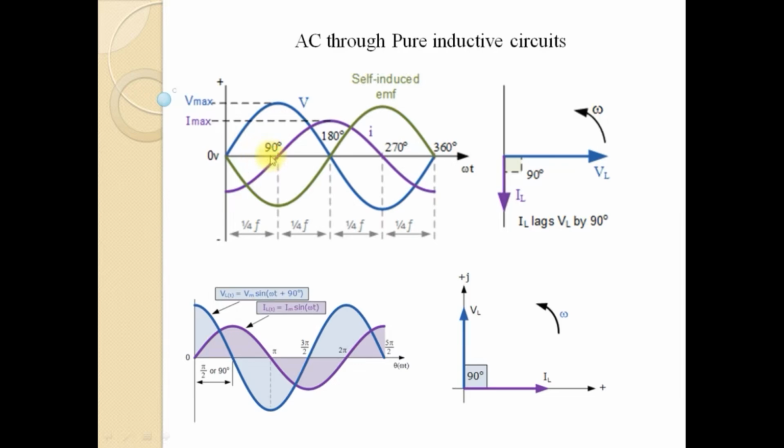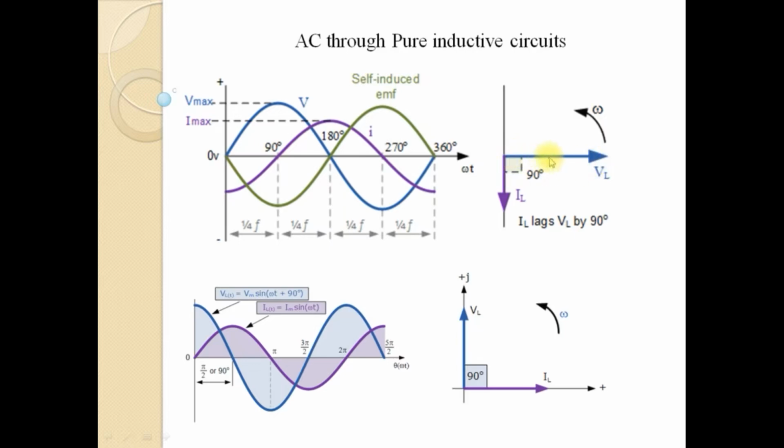Now if you draw a phasor diagram to represent the information obtained from these waveforms, here we are taking the voltage phasor as a reference. So the applied voltage will be drawn along the positive x-axis, the reference direction.